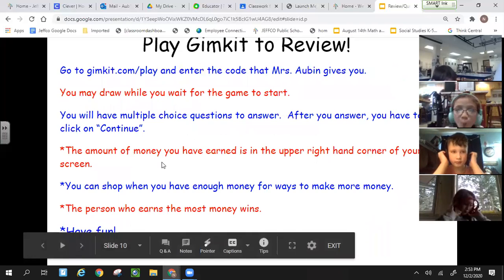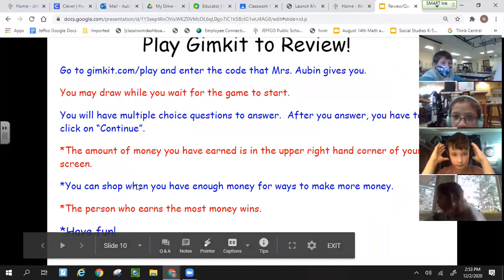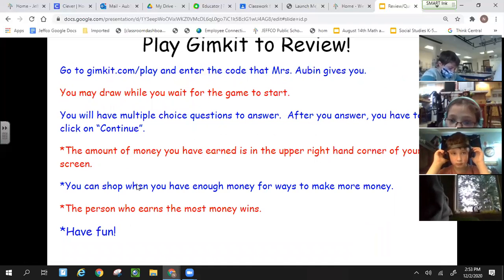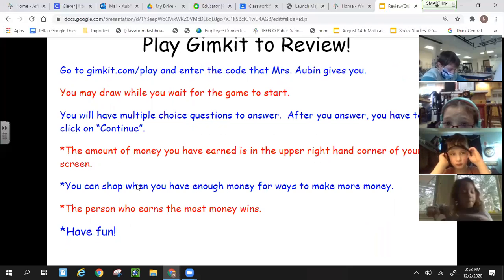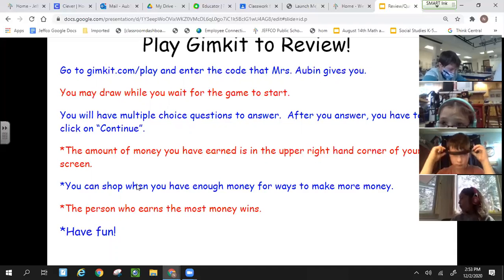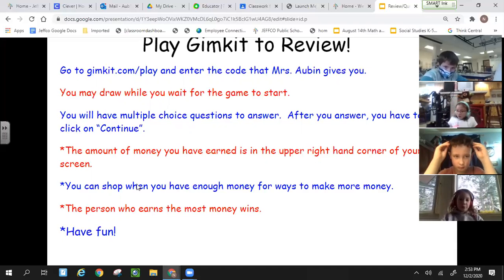Okay. All right, so we are going to play Gimkit to review. So I'm going to put this in the chat. When you go to gimkit.com/play, I'll put it in the chat so you can click on it from there, okay guys? So you don't have to go anywhere.